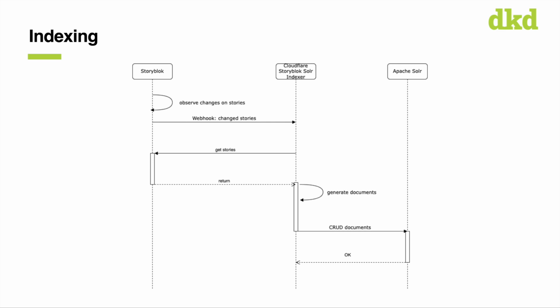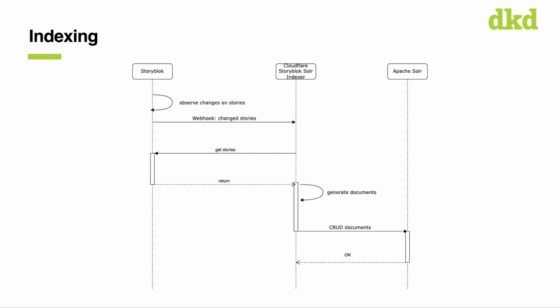The indexer gets the content of those stories, requests all the details of these stories from Storyblok, and then generates a document which we can index in Apache Solr. We send the document changes. This can be a creation of a new document which we'd like to index, updating documents, or also, of course, deleting documents if content was deleted from the index.